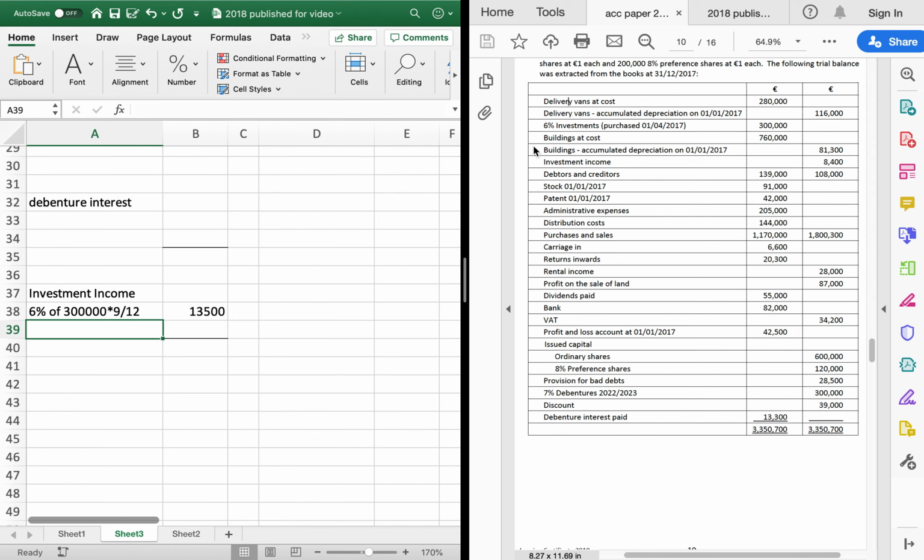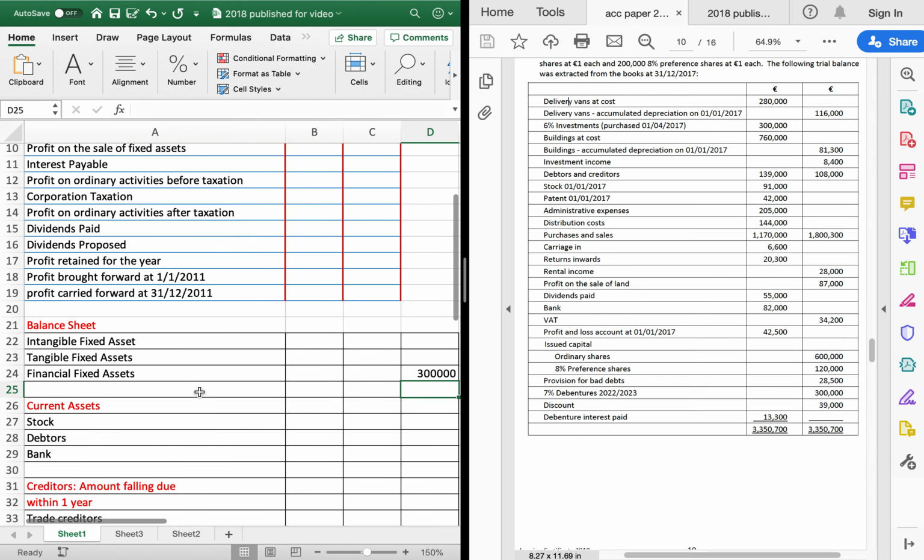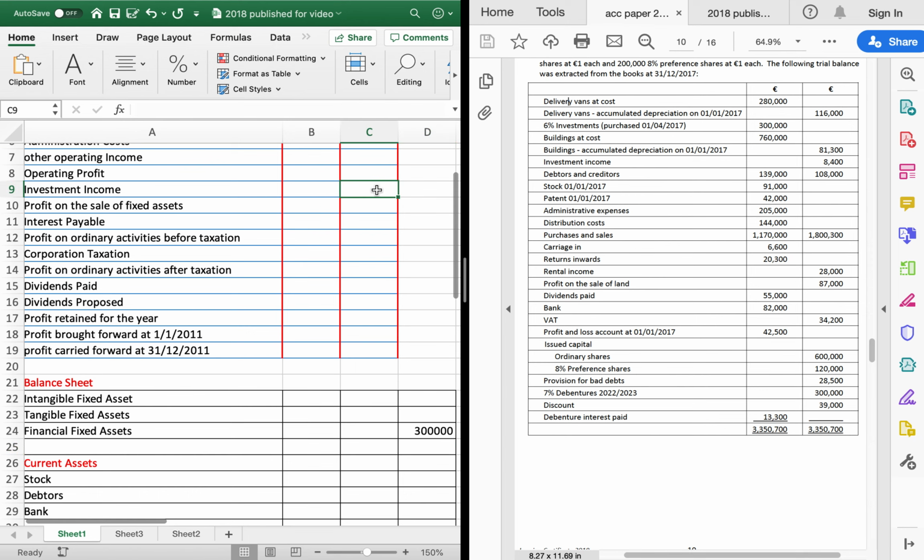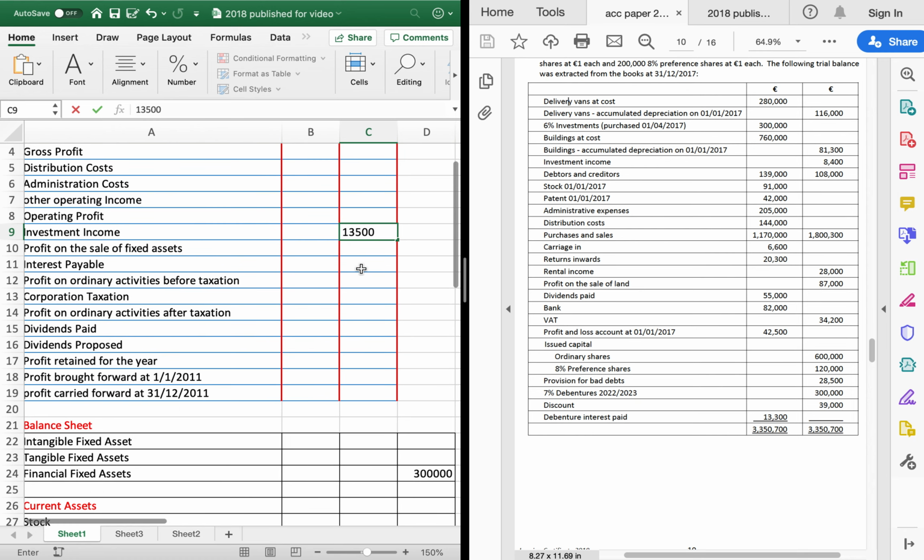And that's 13,500. Now, that 13,500 has a spot in the question. Investment income, 13,500. So I'm going to put it in. You'll notice that basically I used the second column for all of these.